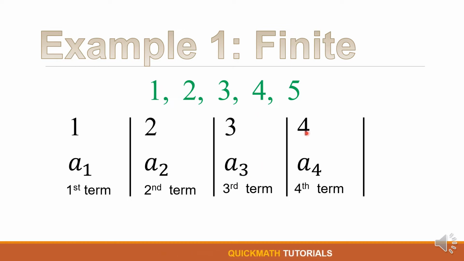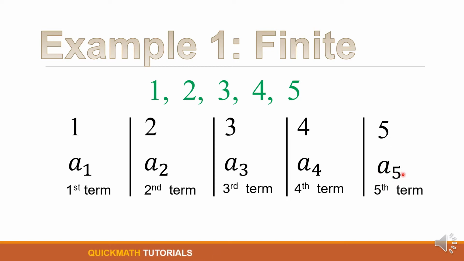And 4 is our fourth term, a sub 4. And lastly, we have 5, a sub 5, our fifth term. So this finite sequence has 5 terms.